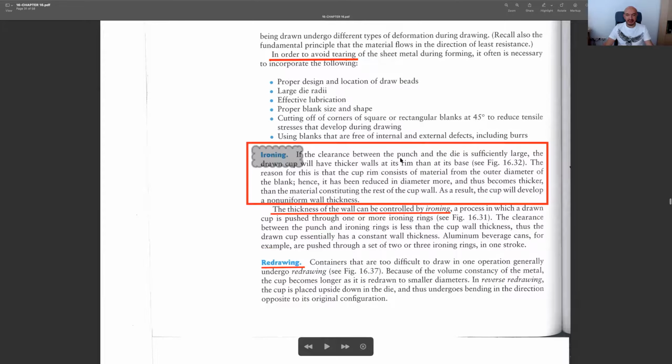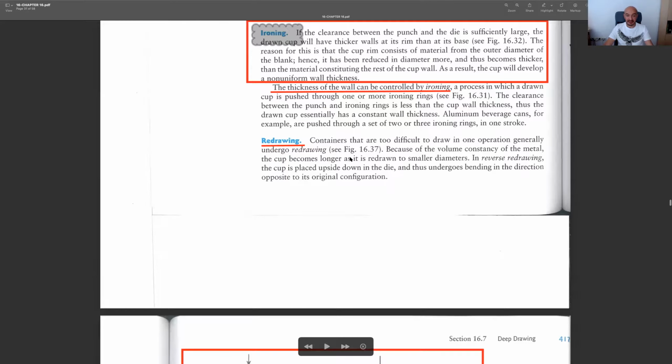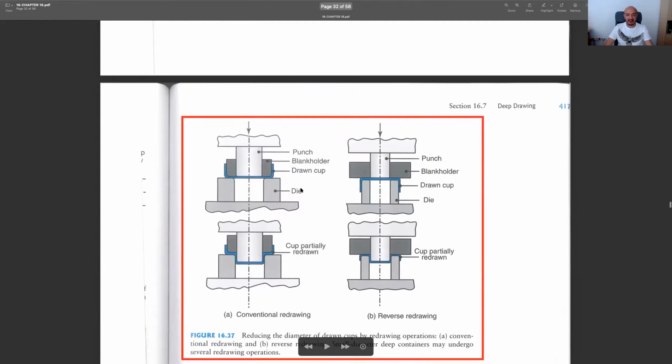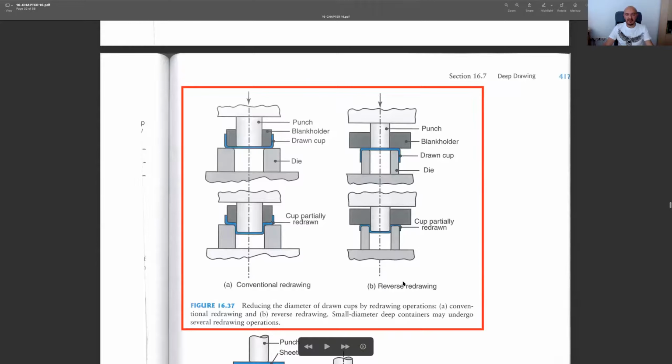I already discussed ironing. I already discussed redrawing, but we have a reverse drawing operation, a bit different than the redrawing we have seen in the manufacturing of the cans. You see what we do, we simply reverse the sheet metal and have a more complicated shape.